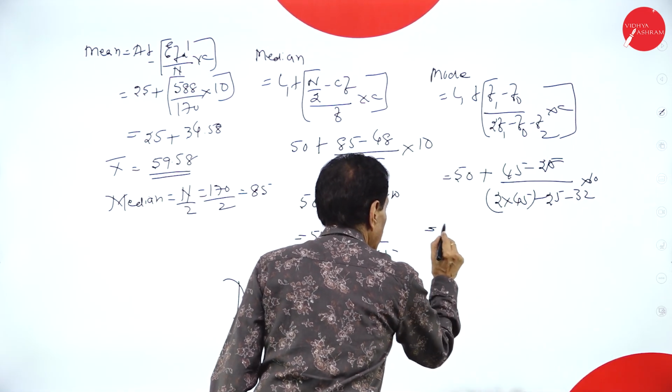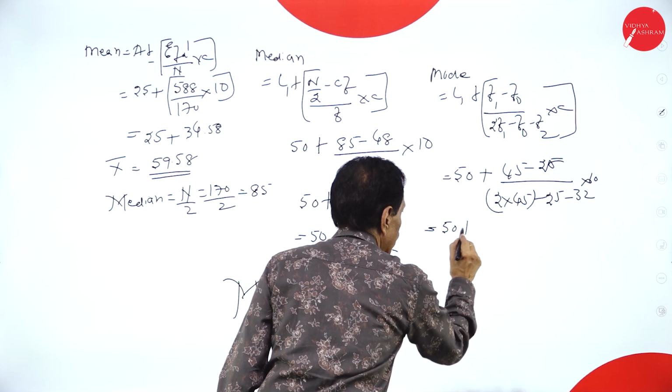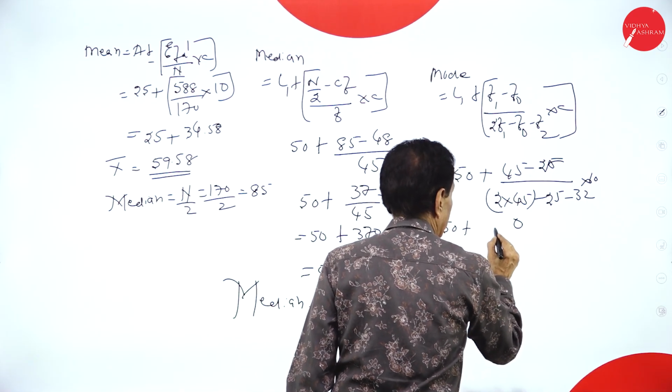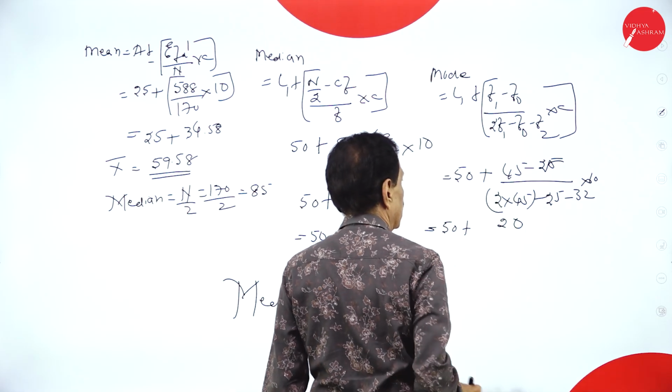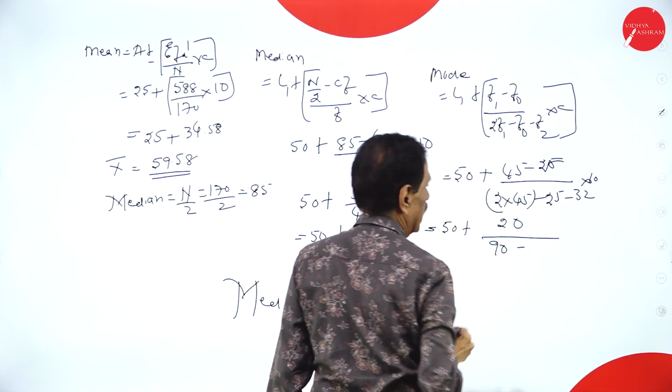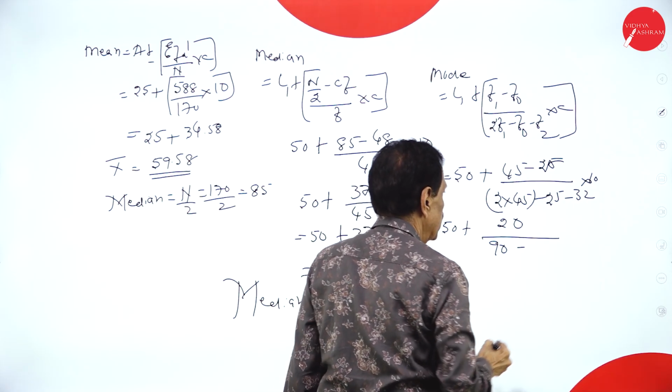Simplify. 50. 45 minus 25, 20, divided by 90 minus 25 minus 32.